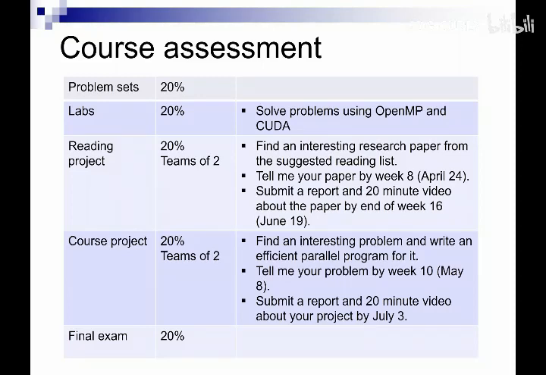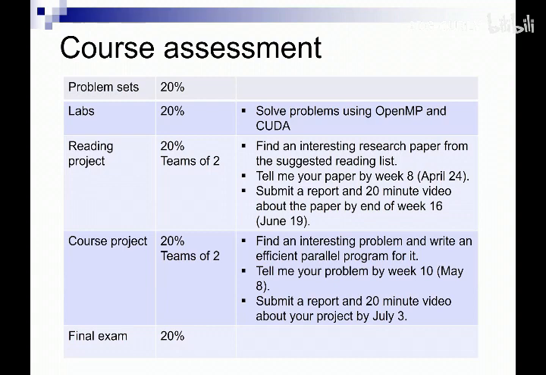The reading project is a way to expose you to the research literature that's happening in parallel computing. In this class, we'll mostly be talking about some of the fundamental concepts in parallel computing, but it's good for you to get exposure to some of the state-of-the-art also.